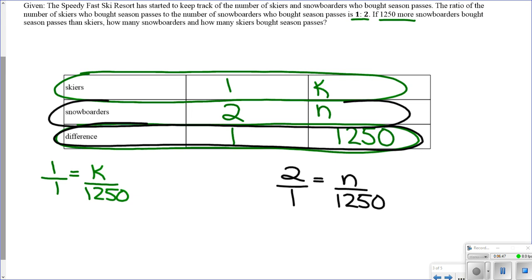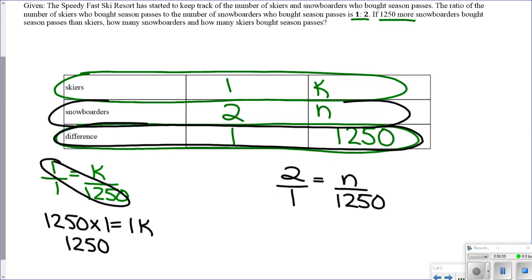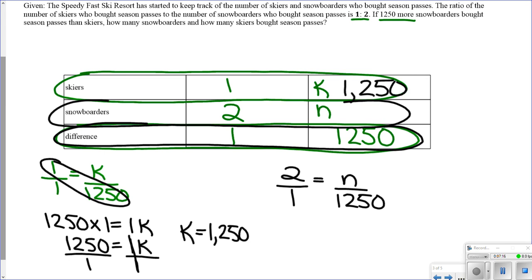Now I will cross multiply. 1,250 times 1 equals 1K. 1,250 times 1 equals 1,250. And when I divide everything by 1, I'm left with the same number, 1,250. So there are 1,250 skiers.